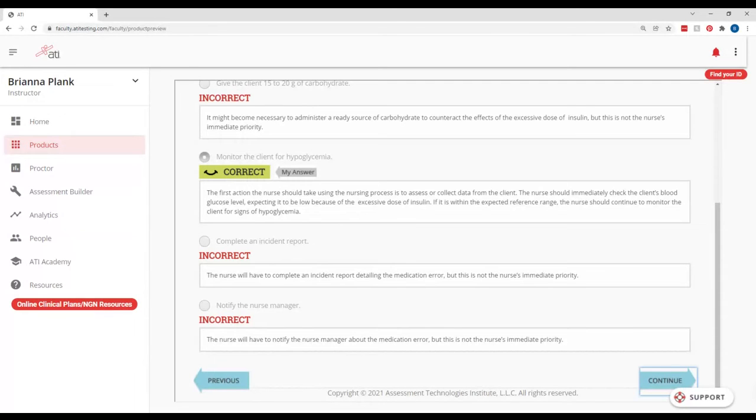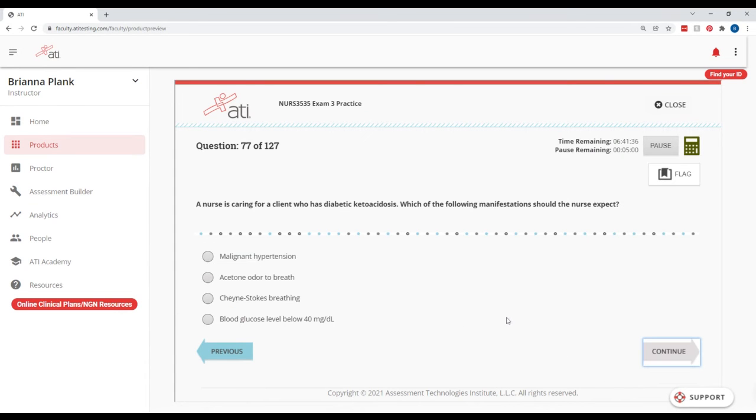So yes, we're going to do that. Depending on your facility, you may or may not need to directly tell your manager. They're going to see the incident report. They're going to find out about it anyway. I would also add on there, notify the provider after we address the patient's needs, okay? So should that happen to you in real life, you're going to want to notify the provider. If you have diabetic ketoacidosis, what are we going to expect?